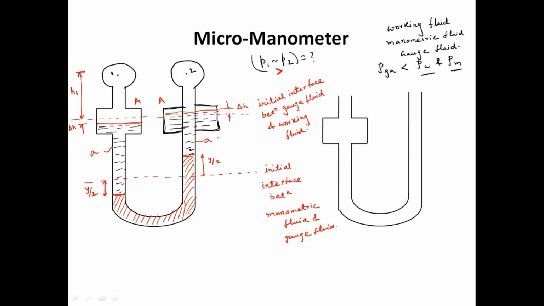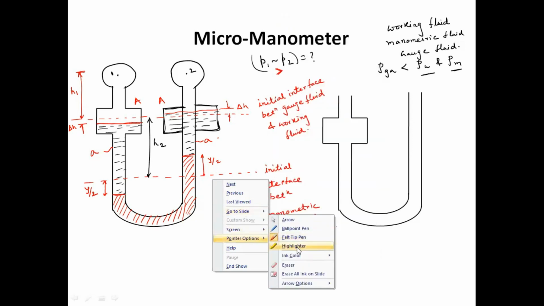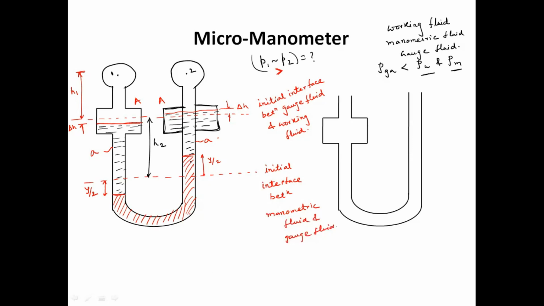Now we have to go for the analysis. In this zone, H2 was there. This is the kind of manometric problem. What is the use of taking the gauge fluid? Because the gauge fluid will give you a better measurement.